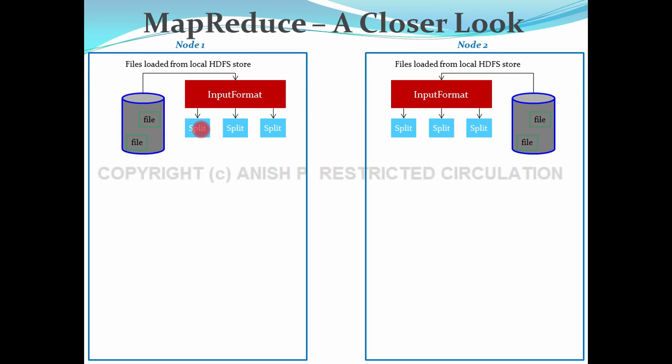My data is divided into blocks by HDFS. That is a physical partition. That is physical data. But the logical representation of the same block is a split. So note down this: split is equal to block by default.